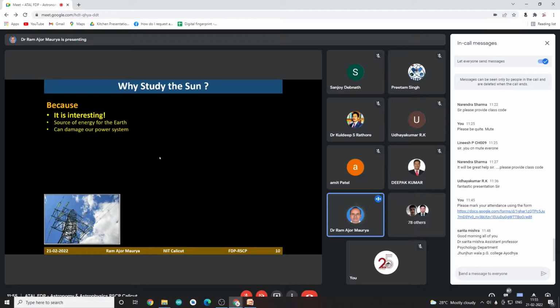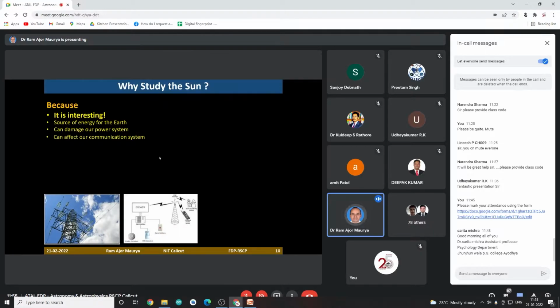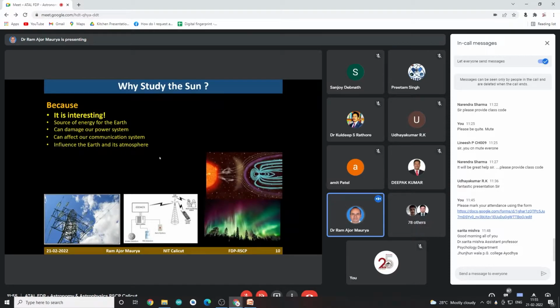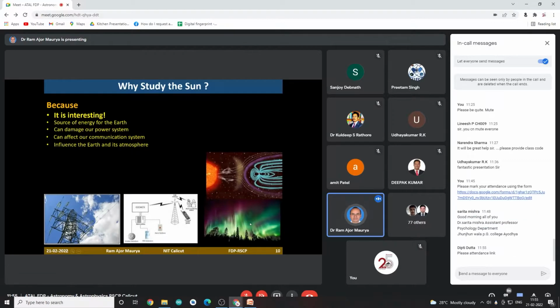Activities from the Sun can damage our power systems and affect our communication systems. The Sun influences the Earth and its atmosphere, which is why we have the aurora borealis in the polar regions of the Earth.